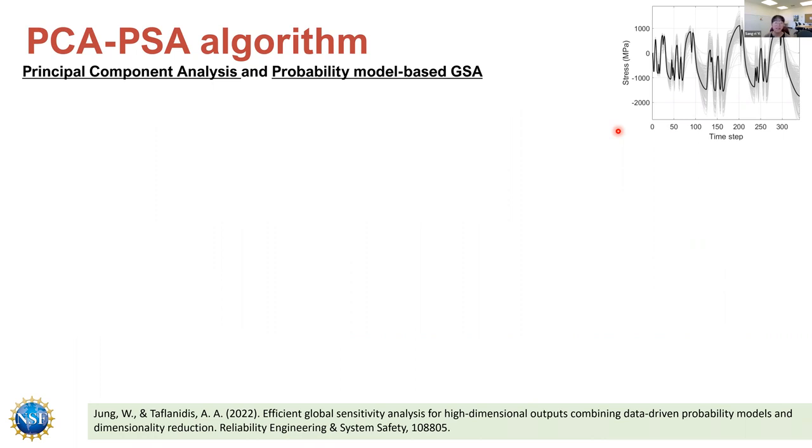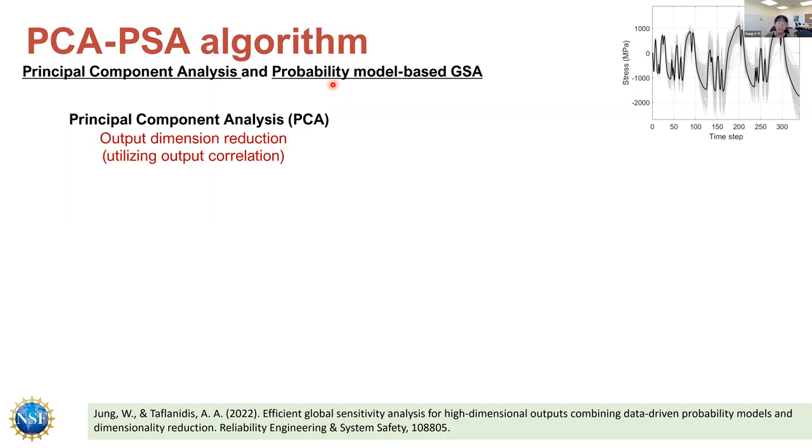And as its name implies, it has two major components to increase the efficiency of sensitivity analysis. First is principal component analysis, which is used to reduce the dimension of outputs. And it achieves this by utilizing the correlation between the output quantities of interest.